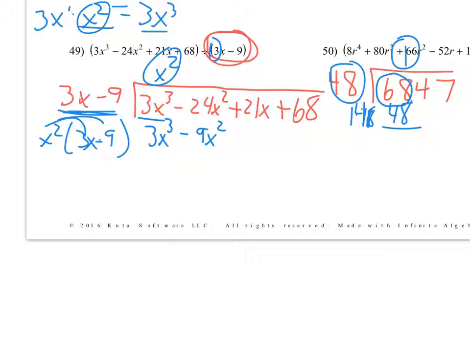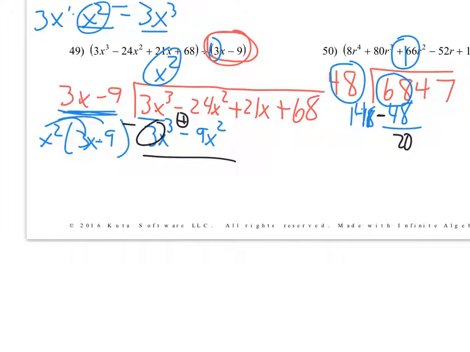Then we go to the next one. If you go back over here, what did you do next? You subtracted. So 68 minus 48 was 20. Now, how you treat subtraction algebraically is adding the opposite. So what you're going to do, and I want you to do this when you do these problems, we're going to say, okay, we're going to subtract, but we're going to actually change this 3x cubed to negative 3x cubed, and we're going to change the minus 9x squared to plus.